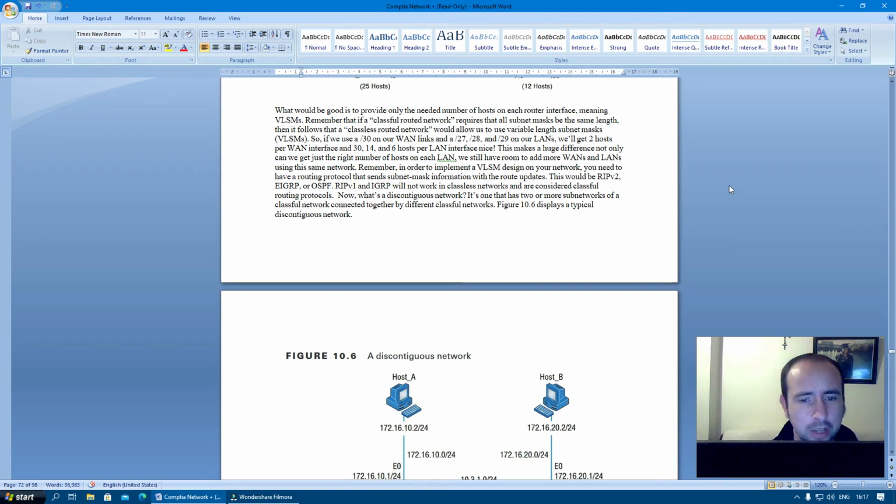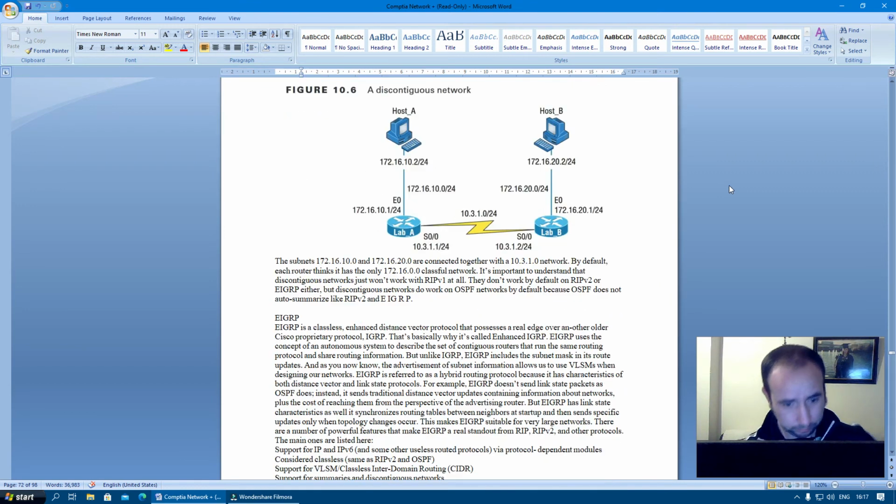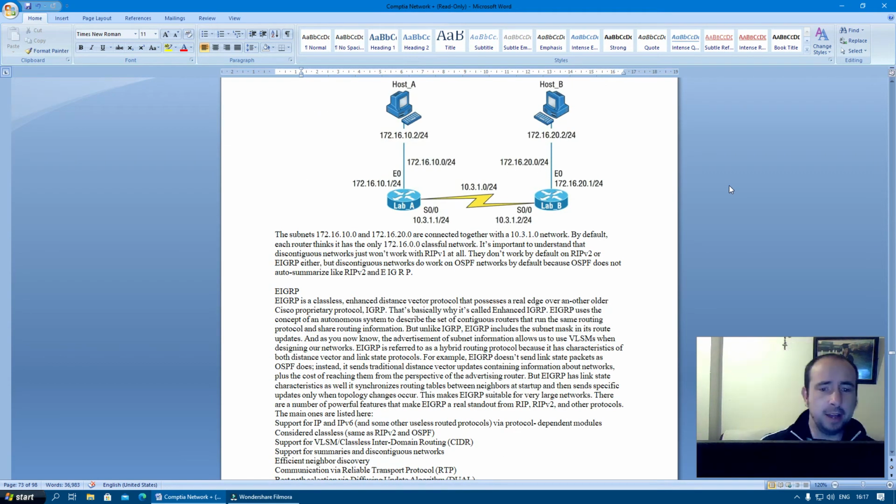Now, what's a discontiguous network? It's one that has two or more subnetworks of a classful network connected together by different classful networks. Figure 10.6 displays a typical discontiguous network. The subnets 172.16.10.0 and 172.16.20.0 are connected together with a 10.3.1.0 network.